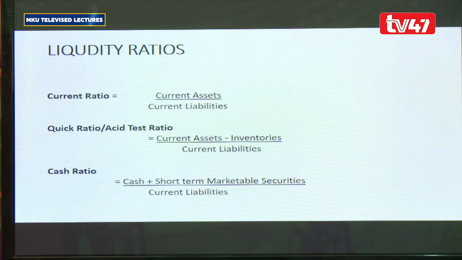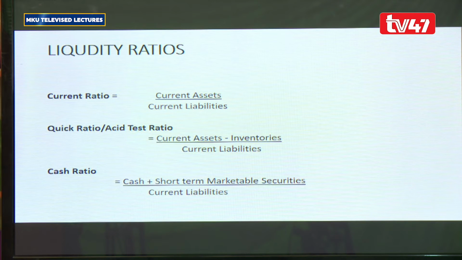To be able to pay the current liability, we require current assets, or those assets that are disposable within one financial year. So on one side, we have the current assets, and on the other side, the current liabilities.